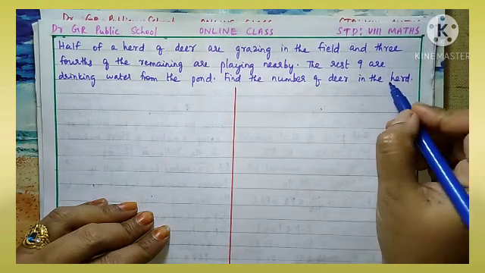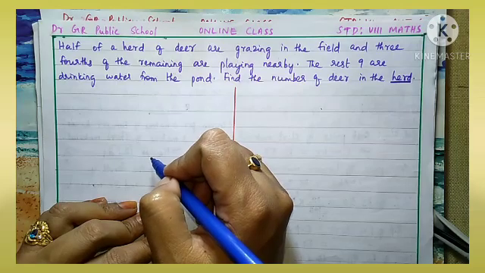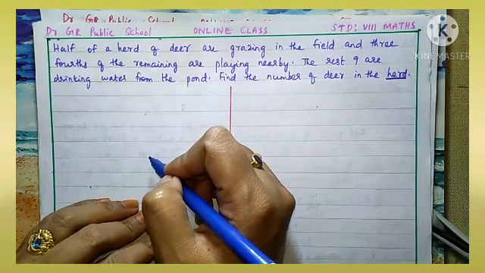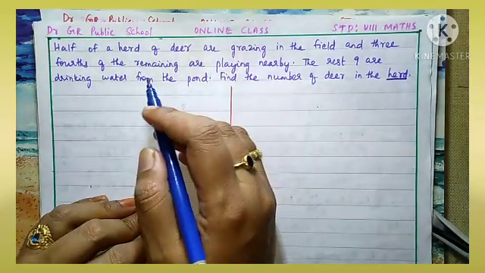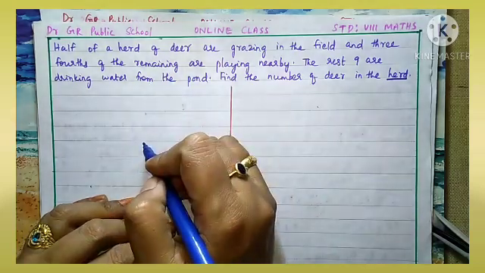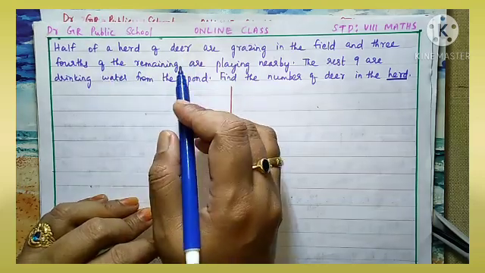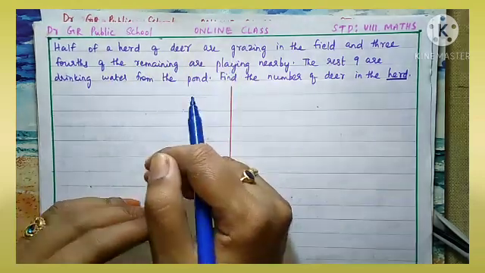Do you know what you mean by herd? Yes, a group of deer. A group of deer is called a herd. So here a herd of deer is there, and half of the herd of deer, so actually we don't know how many deer are there.